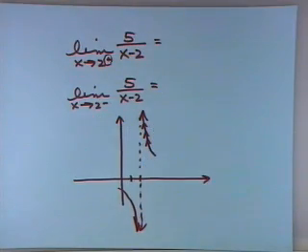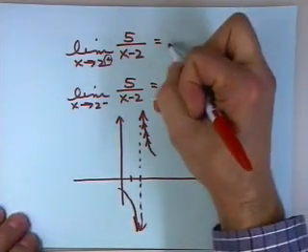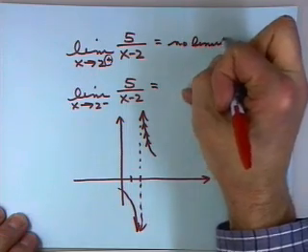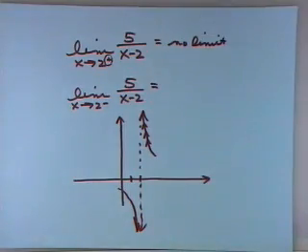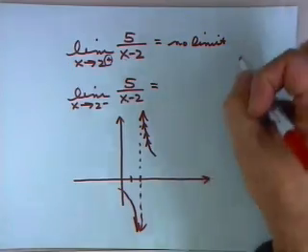I don't think descriptively there's a problem with saying that we're approaching positive infinity, but positive infinity I don't believe is ever an answer to a limit problem. So if you don't have a single number that you're approaching, I think it's best to say there is not a limit. It does not exist.